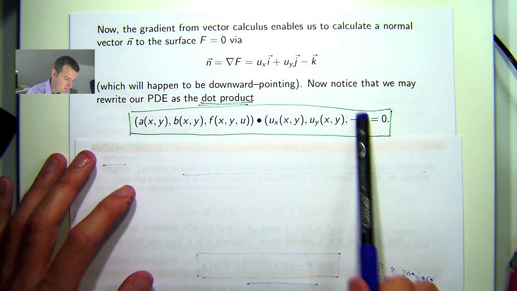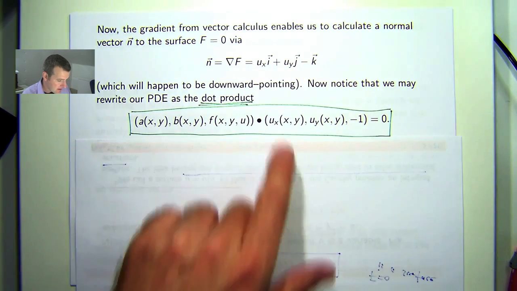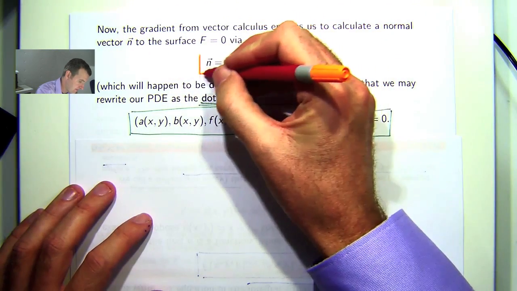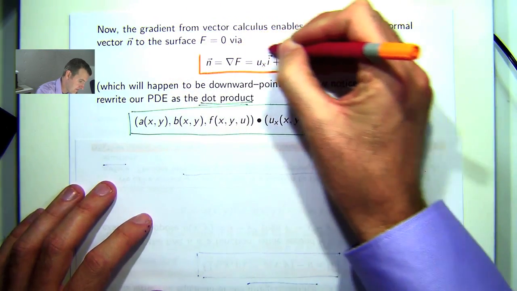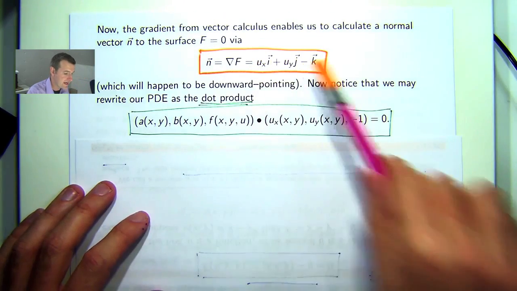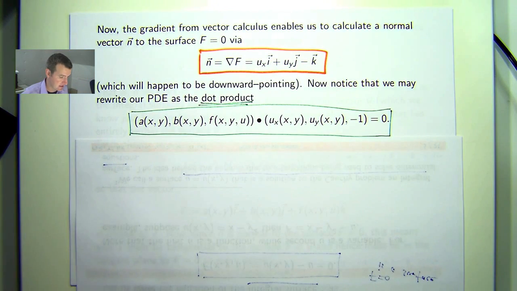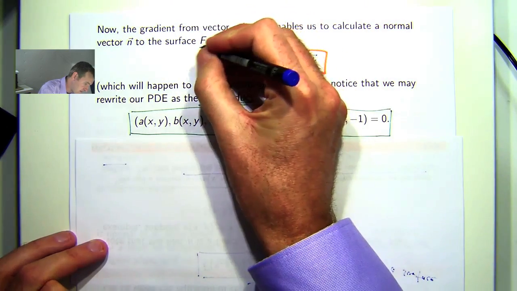Okay, now what about this vector here? This vector here is just the gradient vector from a third course in calculus, vector calculus. Okay, so geometrically we have the surface, big F equals 0.